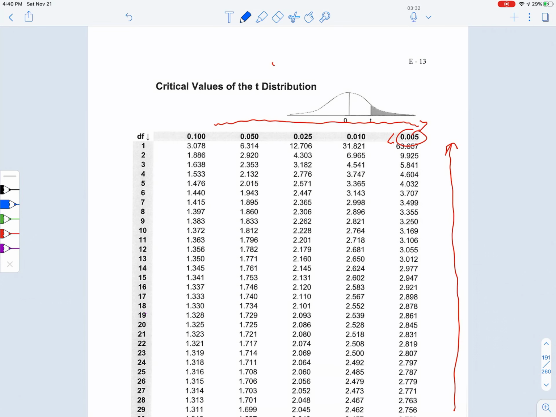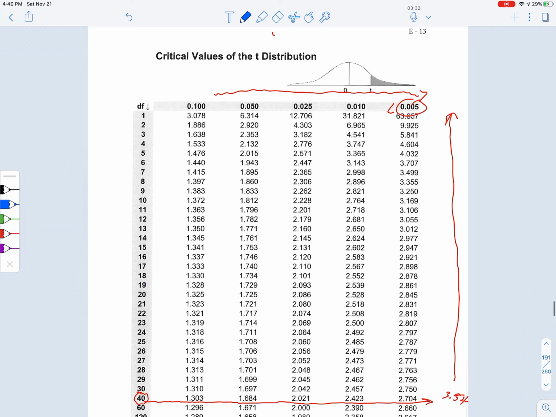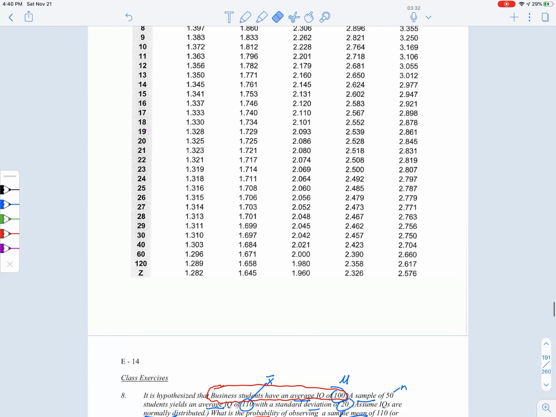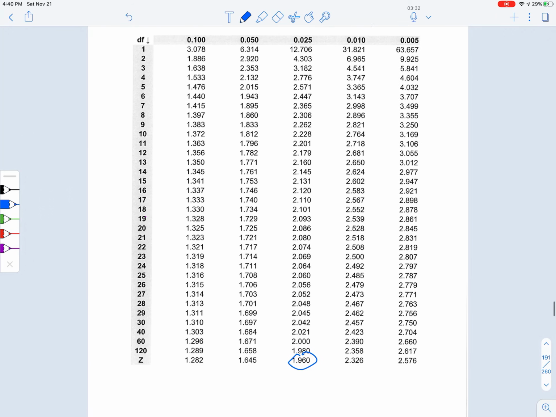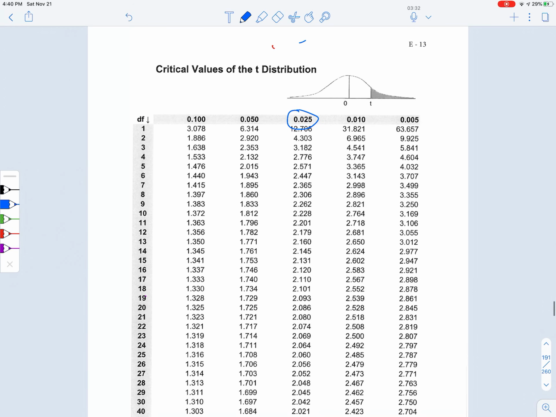By the way, I just want to stop off at the t-distribution here. And in the t-distribution, remember I said that the last line of the t-distribution are just Z values. So let's take a look at that. Last line of the t-distribution are Z values, and here's your 1.96 underneath the 2.5% column.